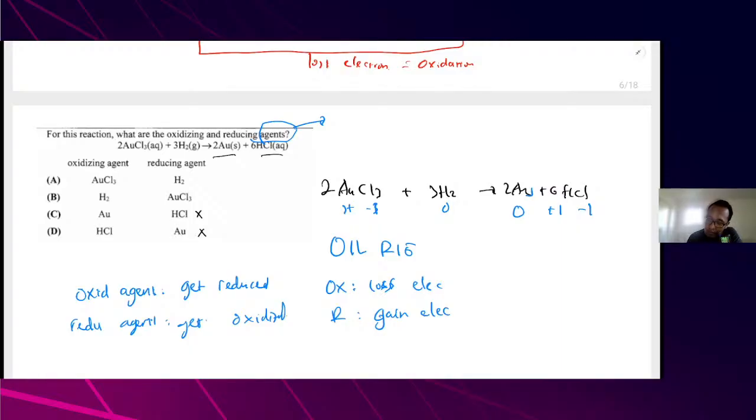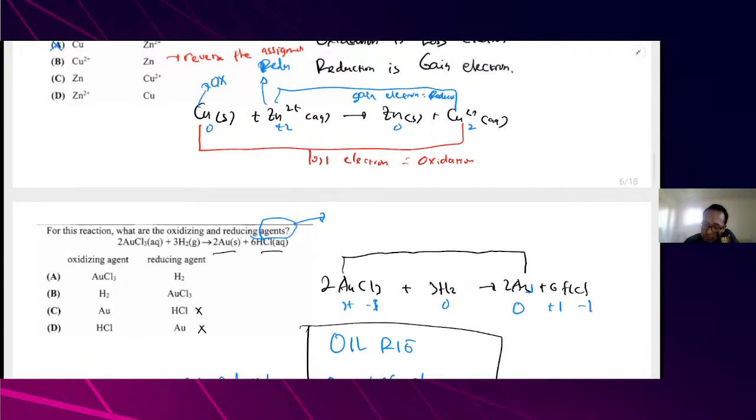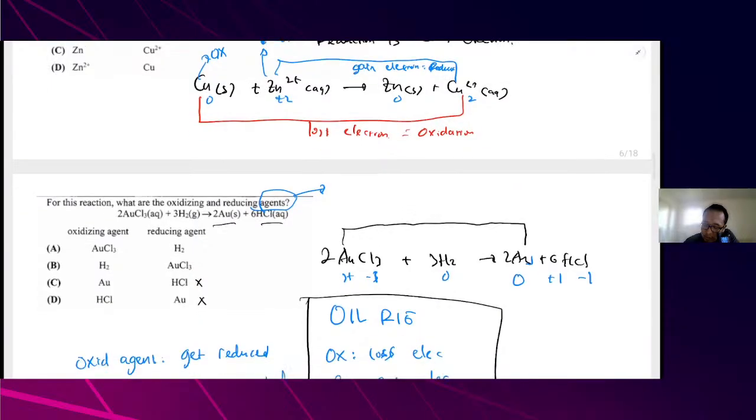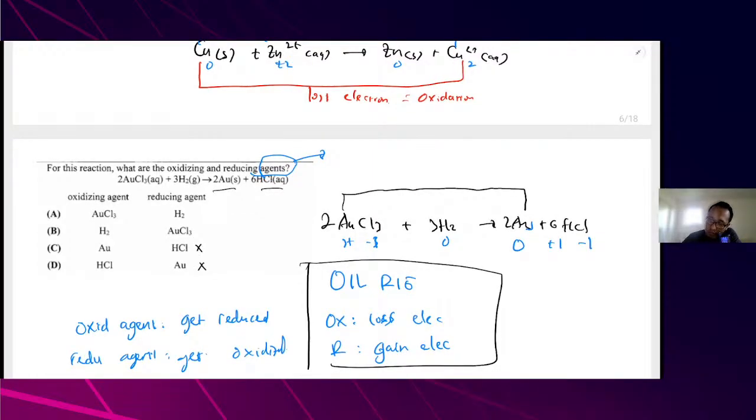As you can see, guys, Au goes from +3 to 0, so this is gaining electrons, so it is reduction.